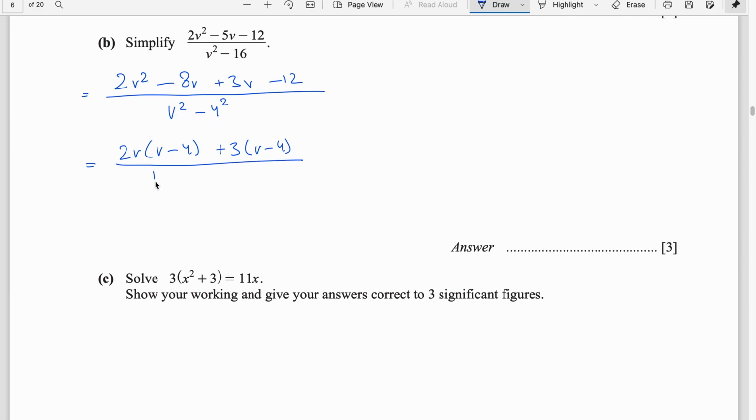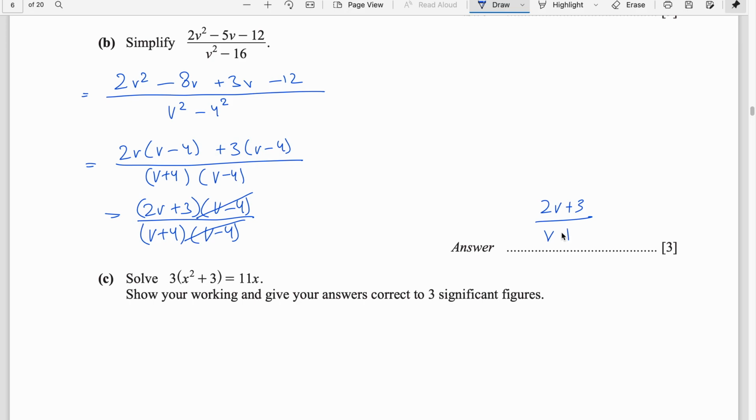A squared minus b squared is (a plus b)(a minus b). (2v plus 3)(v minus 4) by (v plus 4)(v minus 4), and we are left with 2v plus 3 by v plus 4.